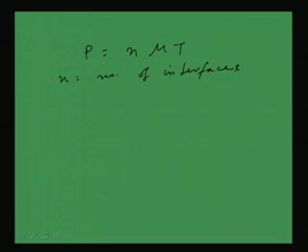Okay. So if I use a factor of safety, then shear per bolt will become P by F, where F is the factor of safety.